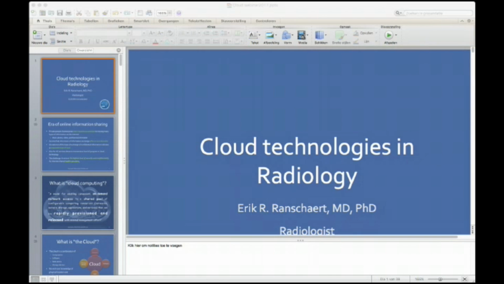He has driven many projects very early, like the EuFora project in the 90s, the European Forum for Radiologists, and he has always continued to be at the forefront of digital technologies in radiology. That's why we are very proud to welcome him today and to get news about cloud technologies in radiology.